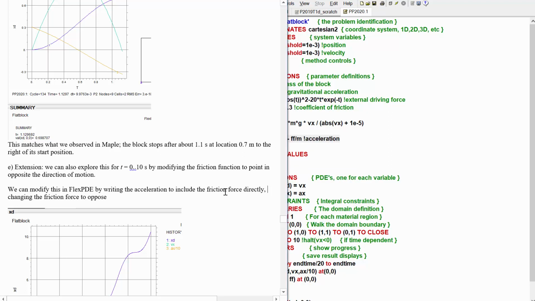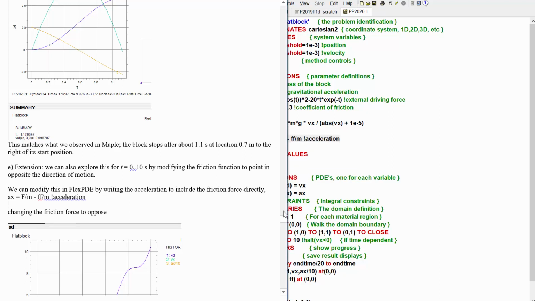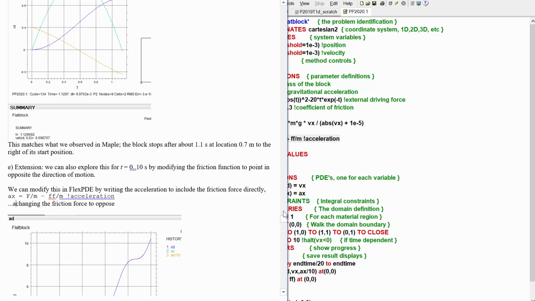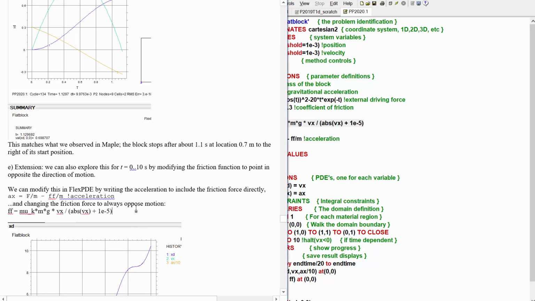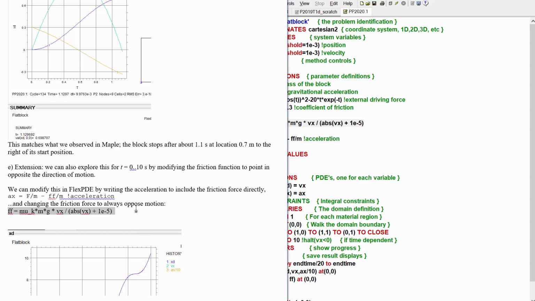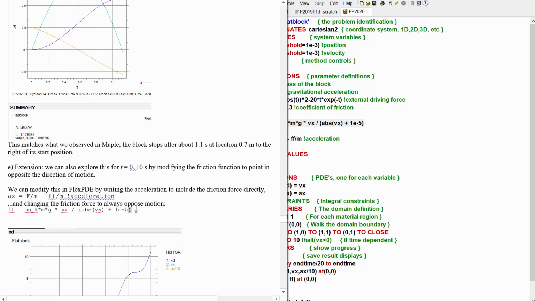Show that. And changing the friction force to always oppose motion. And let's see, we can show this part at the end.